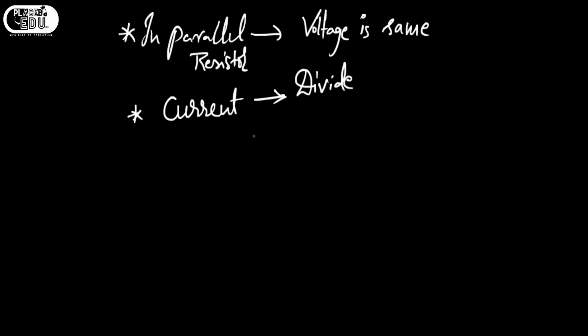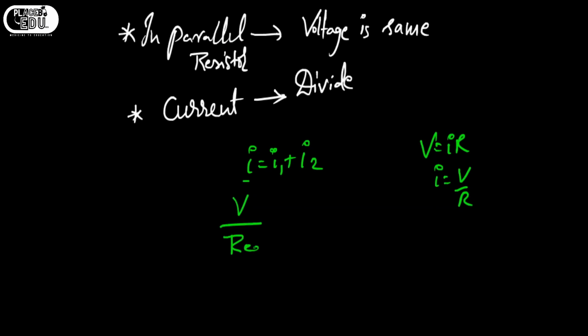So I'm writing the relation here. I is equal to I1 plus I2. We know that V equals IR is our Ohm's law. So I is equal to V by R. So V by R equivalent is equal to V by R1 plus V by R2.